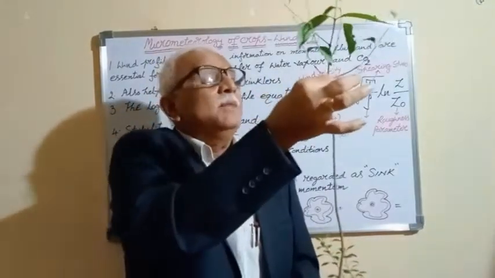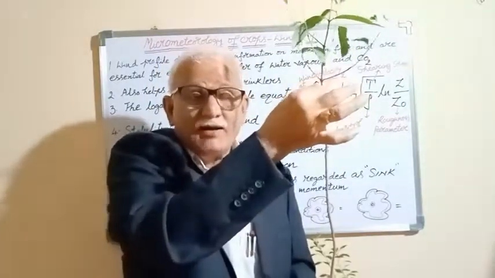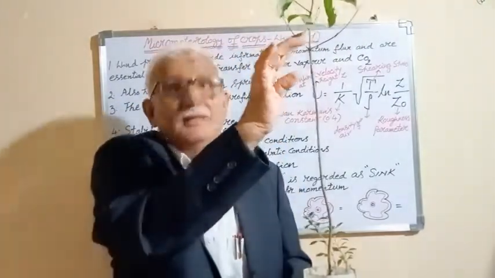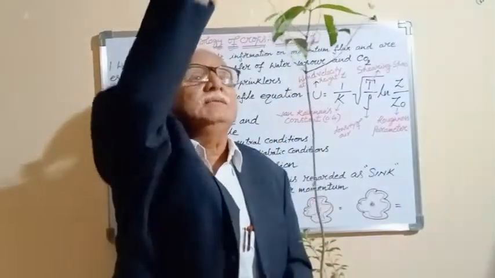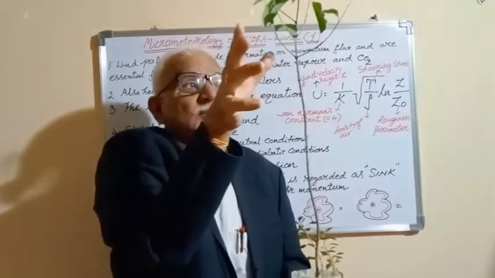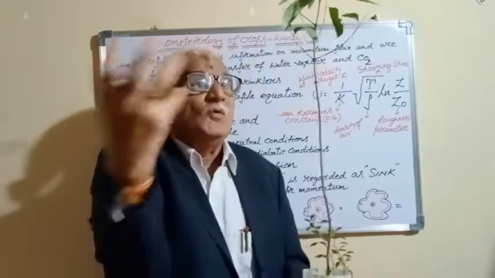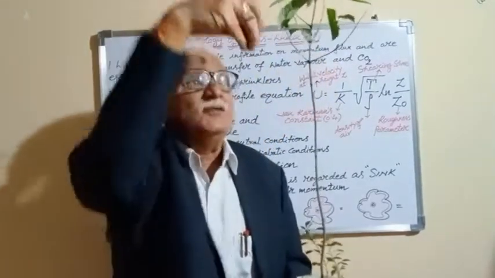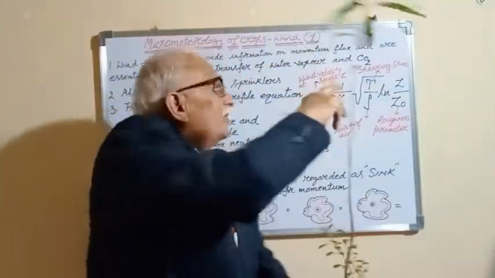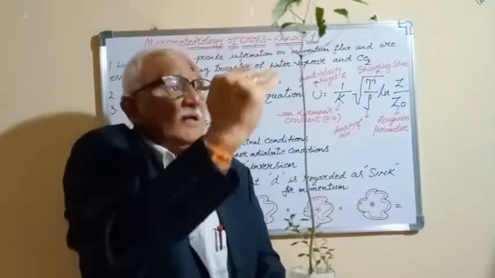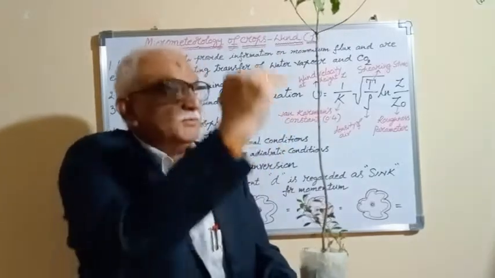Now, the height from the surface is 220, or from the top it is 30 centimeters. Here, this is what we call the zero plane displacement d, which acts as the sink for most of the momentum flux. It acts as a sink. From here, if you see, below this the wind speed decreases.